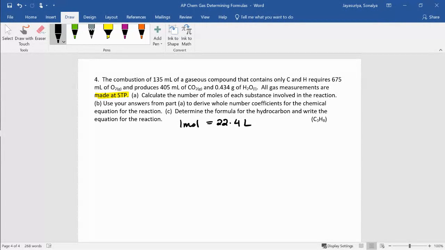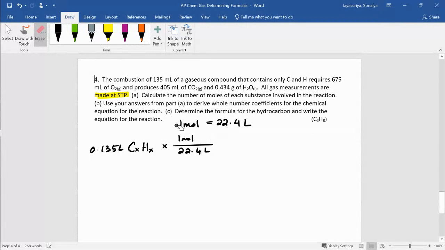So we have 135 milliliters, which is just going to be 0.135 liters of some gas X that contains C and H. I'll just write CxHx, some value of CxHx. You can convert this into moles, 1 mole of this per 22.4 liters.